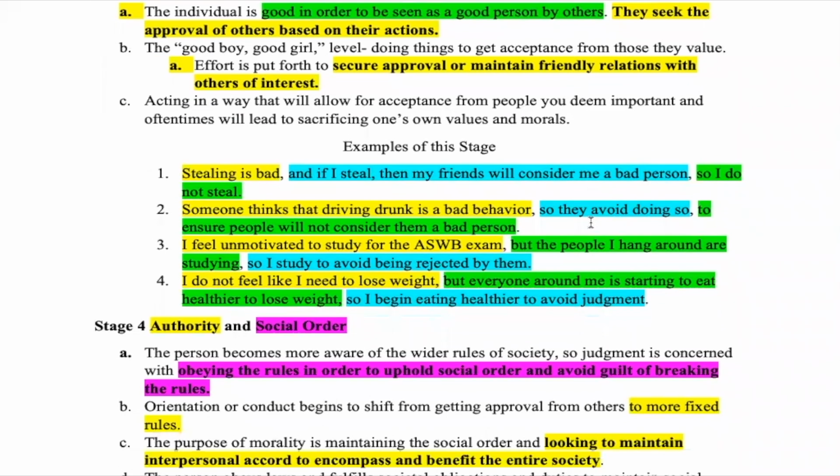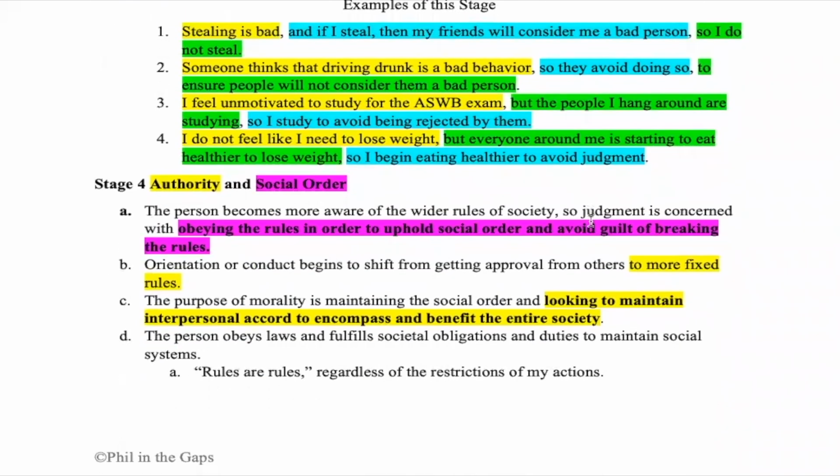Authority and social order is where somebody is going to obey people of authority, aka the police, and maintain social order in order to avoid being arrested or incarcerated for going against what society deems to be appropriate. So this is an individual that is going to be looking at how they can benefit everybody by not breaking the law.